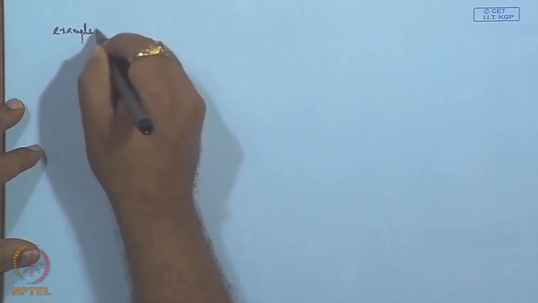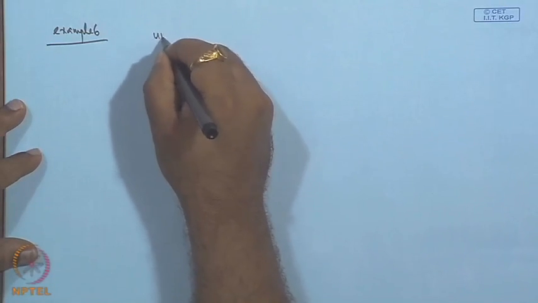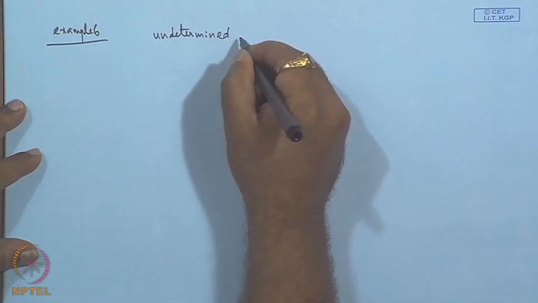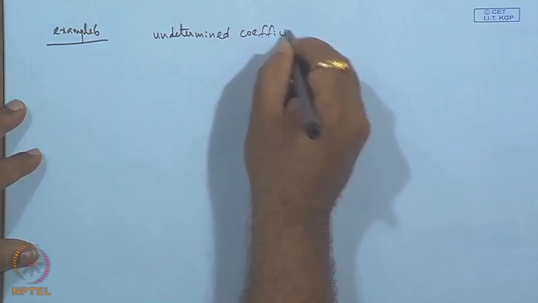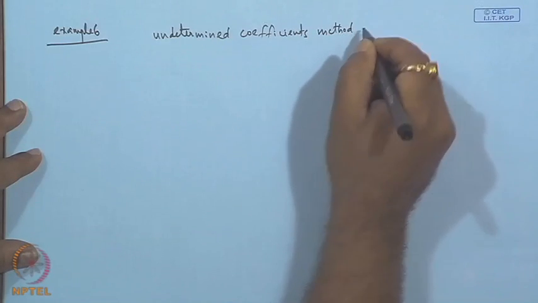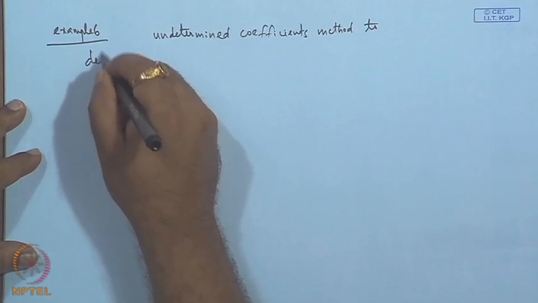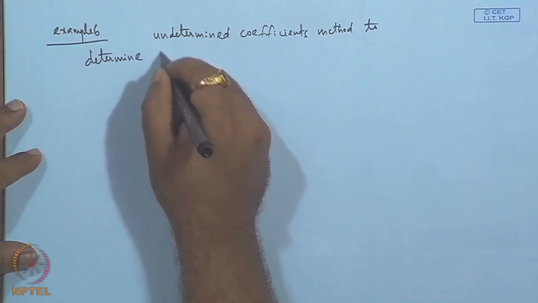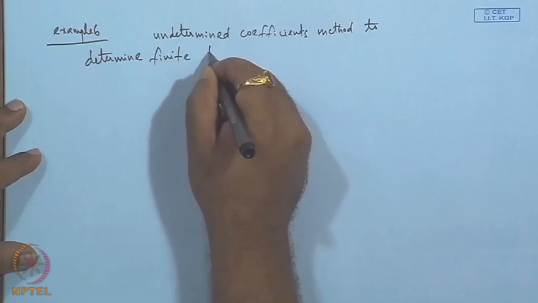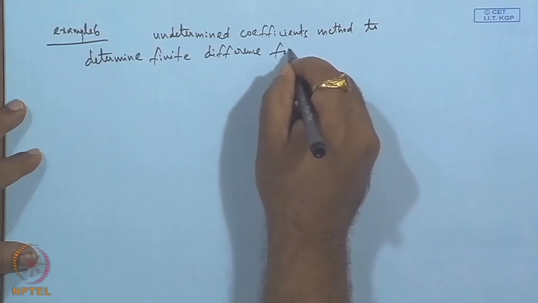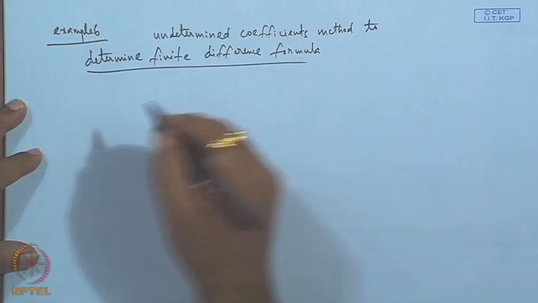Okay. So, let us proceed further with a few more examples. Undetermined coefficients method to determine finite difference formula.